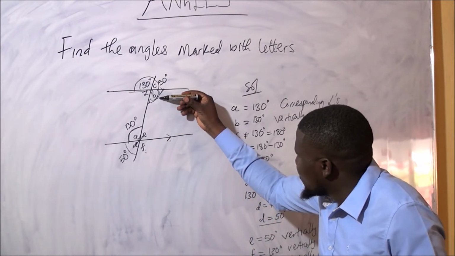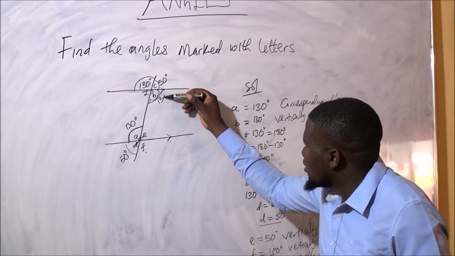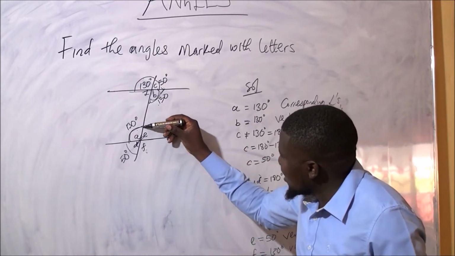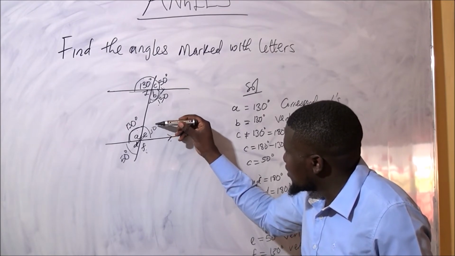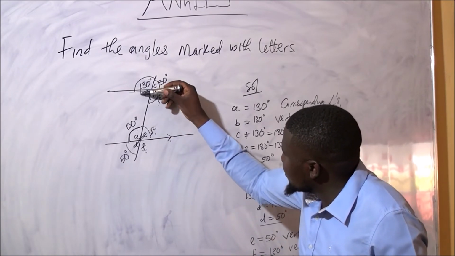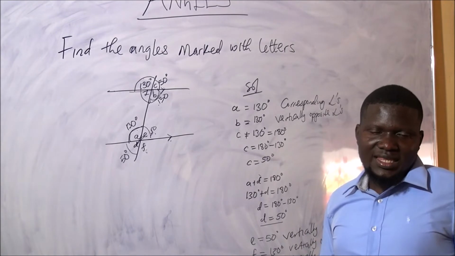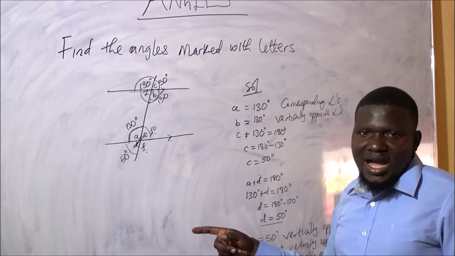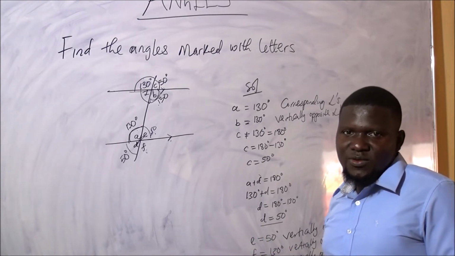If this angle is 130 degrees, this angle and this angle must be the same. If this angle is 50 degrees, this angle and this angle must be equal to each other. They are making a Z shape, and these two angles are alternating angles.